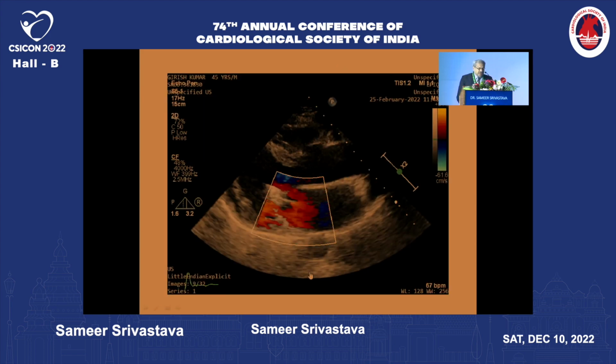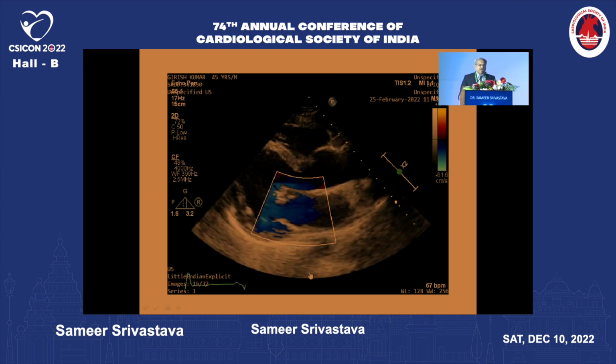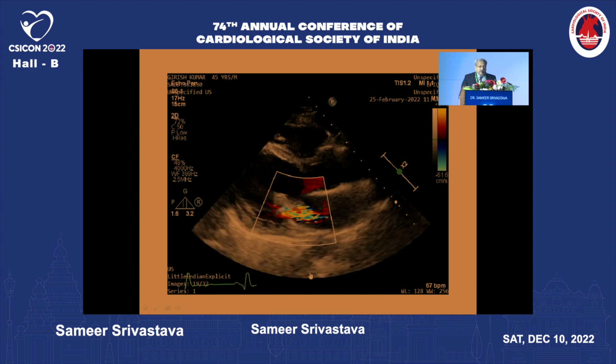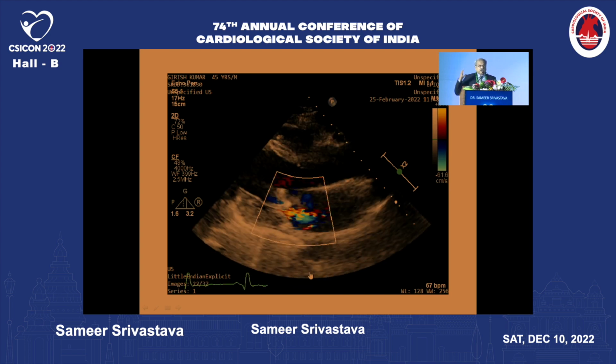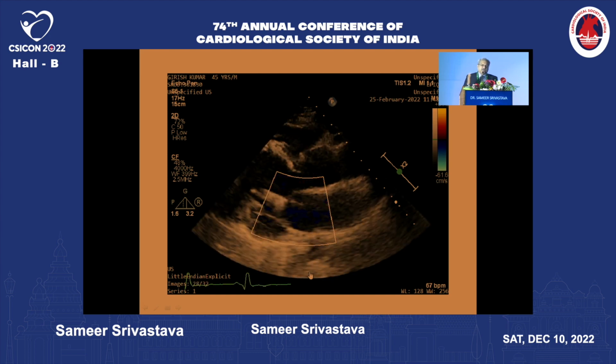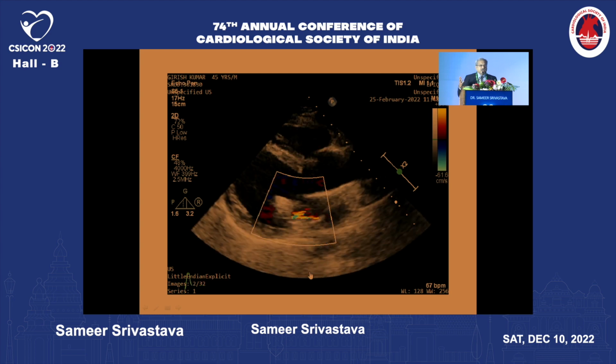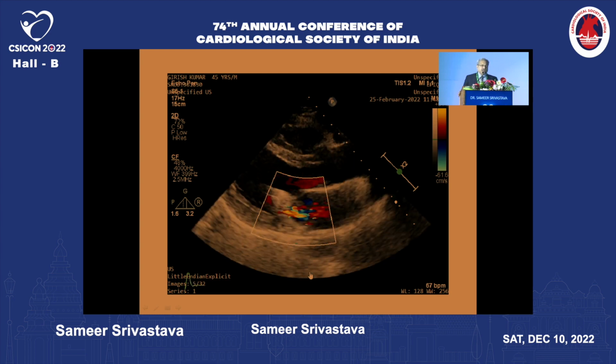Now look at this. Are you happy that this is a mitral regurgitation which is non-significant? I will not be very sure. Unfortunately, you can't rely on the chamber dimensions. Pre-operatively, if there is a mitral regurgitation, you start suspecting significant mitral regurgitation the moment you see the left atrium and the left ventricle dilated.